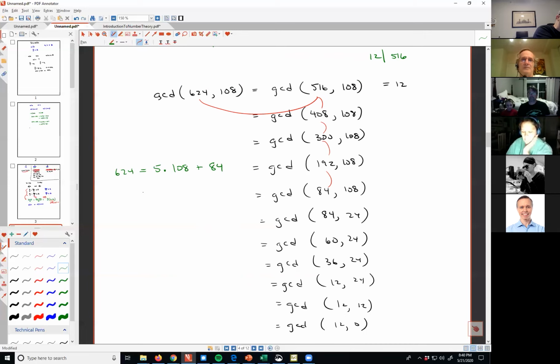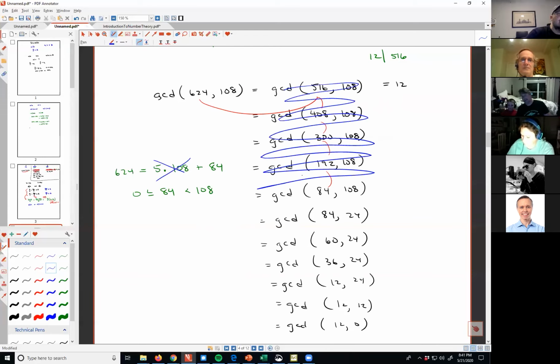And the remainder, that 84, must be at least 0 and less than 108, which is what we're dividing by. And this basically says, hey, we could just subtract out all 5 of those 108s all at once and just bring us to that point right there.